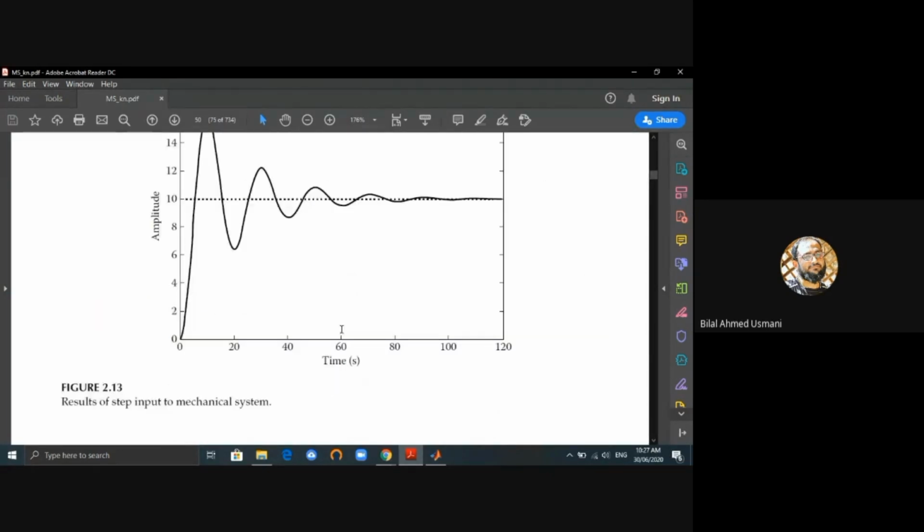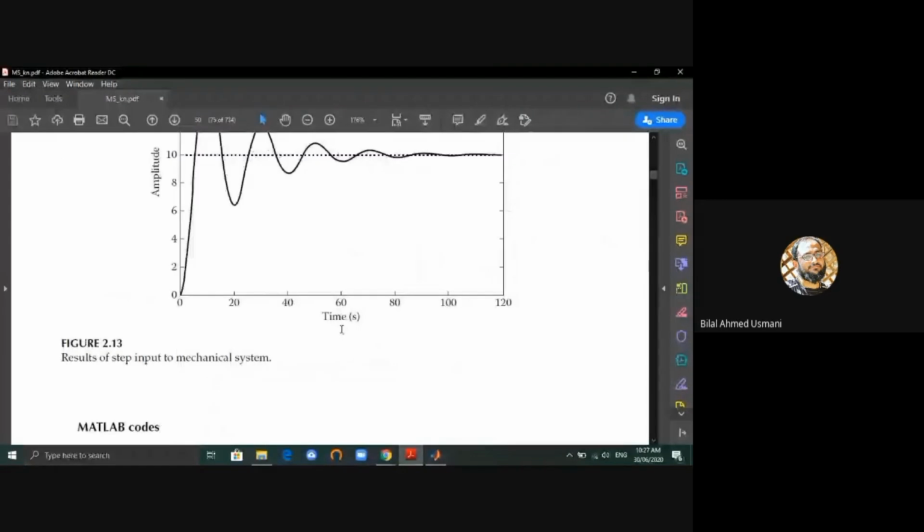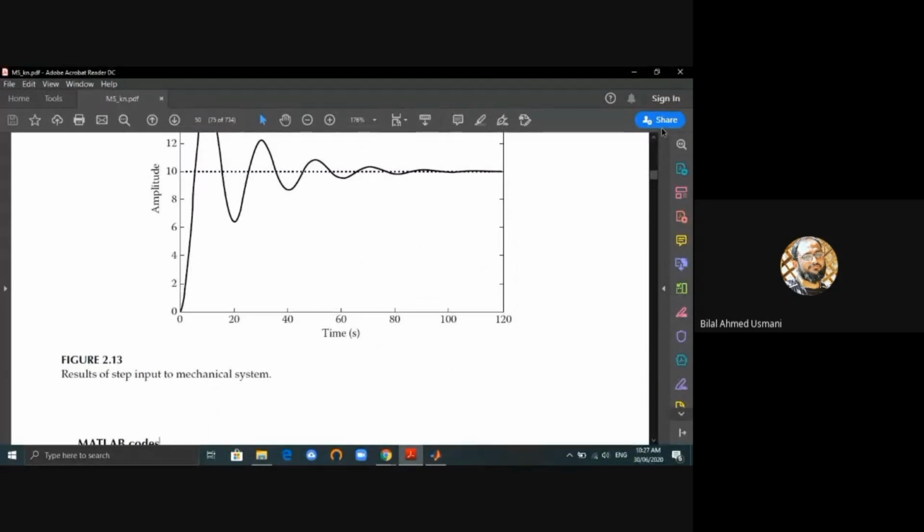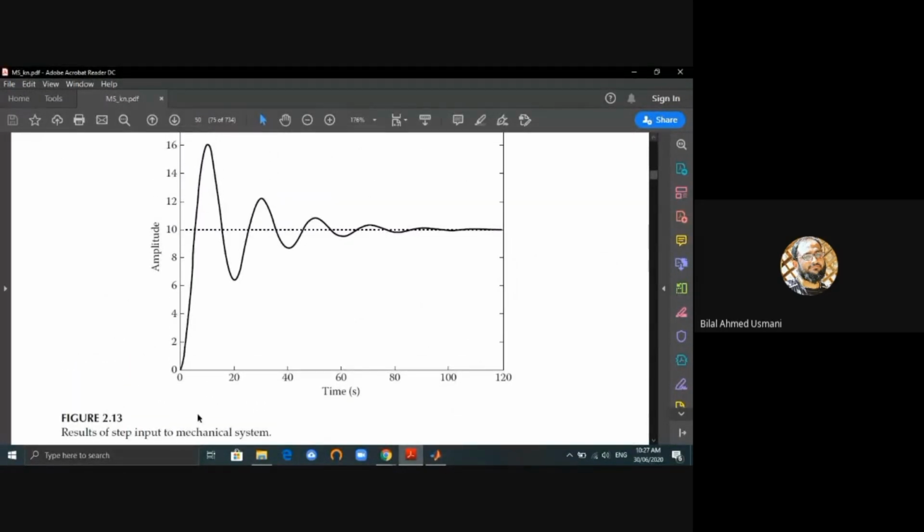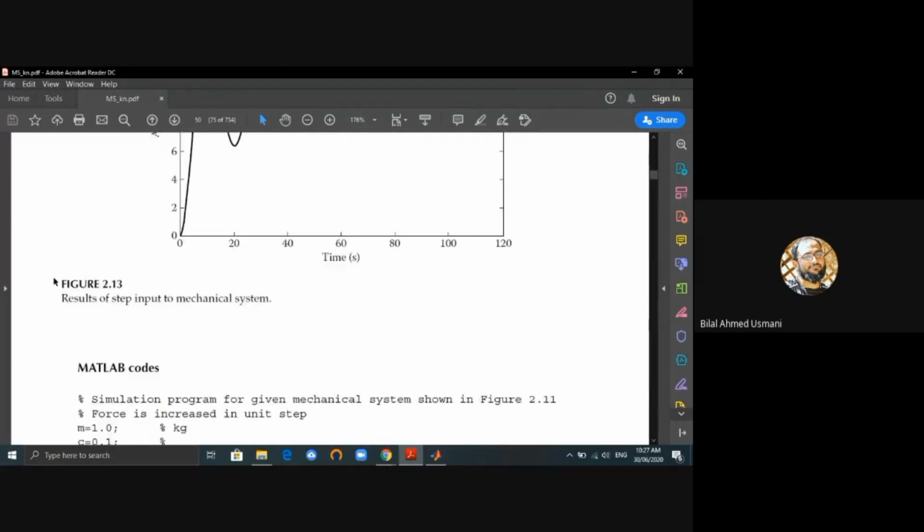You can see that this is the result of a step input. There was a depression immediately, with an amplitude going up to 16, and in seconds it's immediately damped. Otherwise there would be more fluctuations before reaching the damped state.